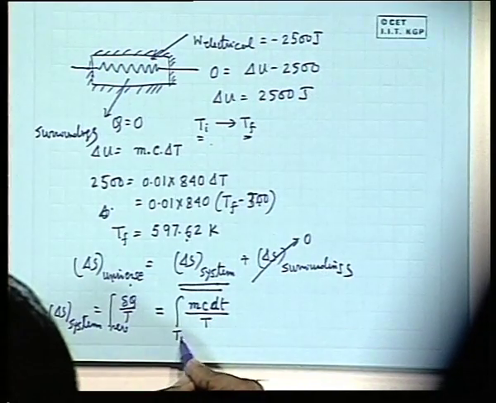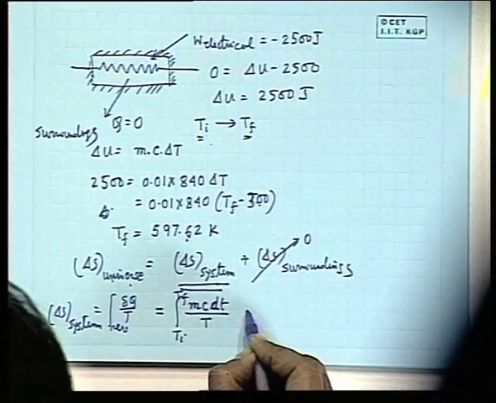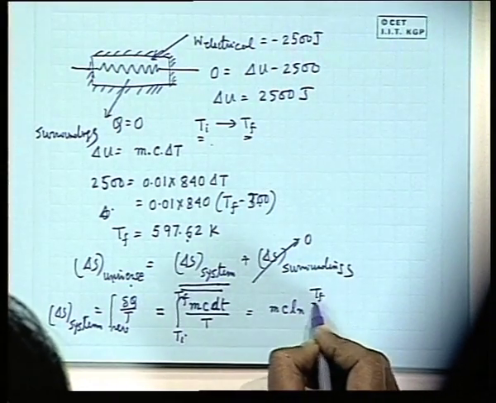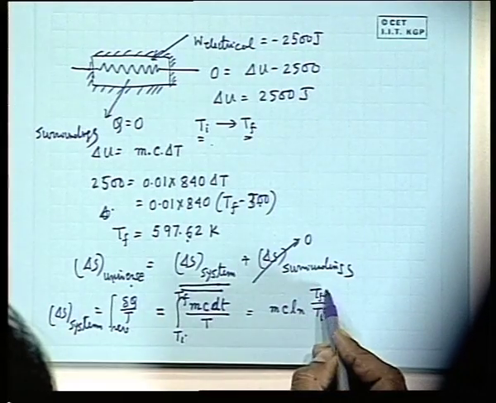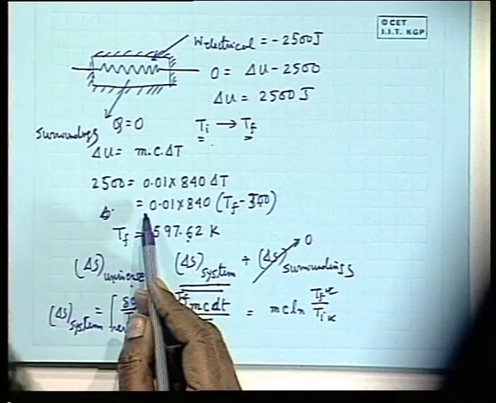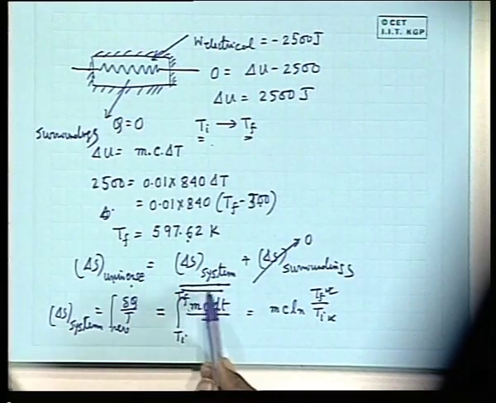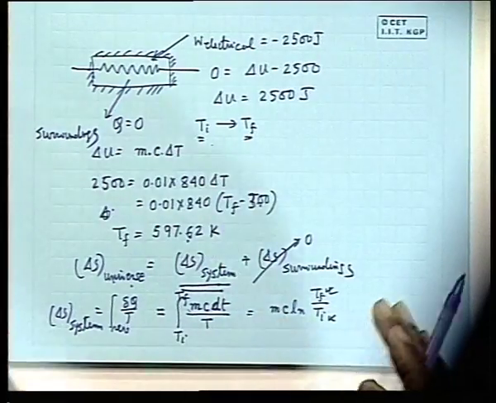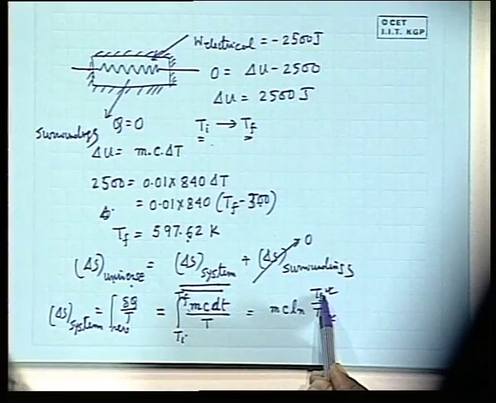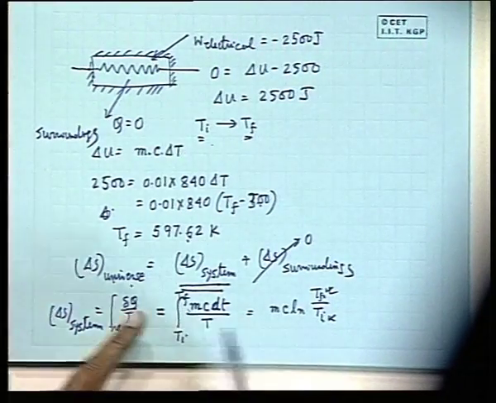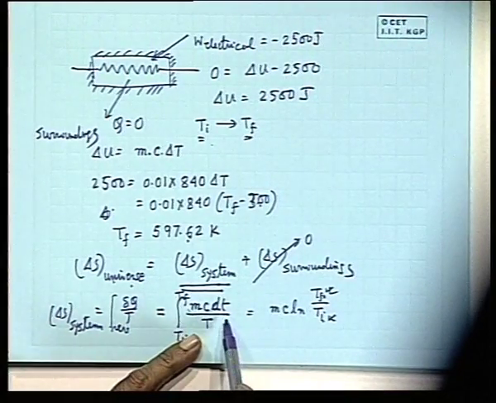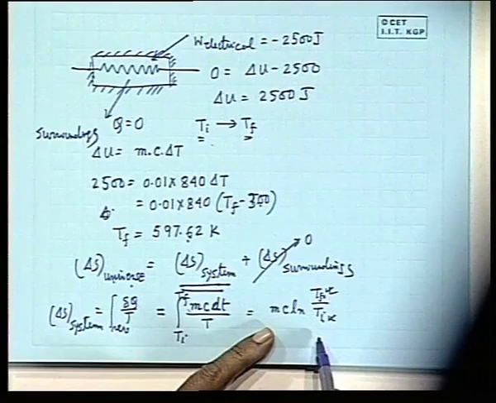This will be integrated from Ti to Tf. This is a very important concept, which gives mc ln(Tf by Ti). Now, you see that the change in entropy is connected between the states. So, if one knows Tf and Ti, even if the process is irreversible, where the heat has not been given slowly but by some means the temperature is changed from Ti to Tf, the entropy change is the same whether it is reversible or irreversible. But to calculate it we have to use the equation for the reversible process, and it comes to mc ln(Tf by Ti).